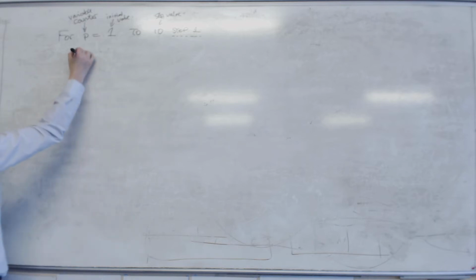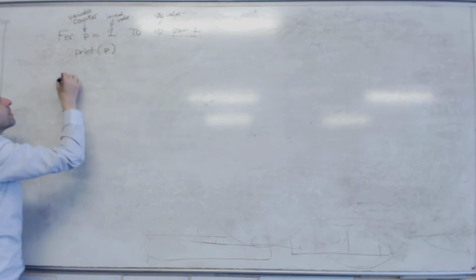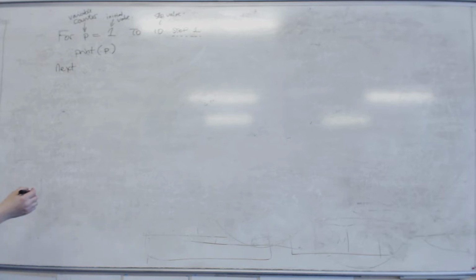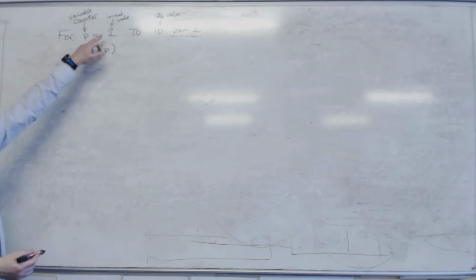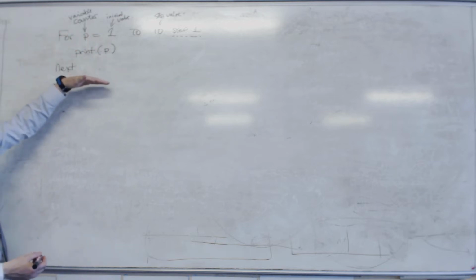You've then got your structure inside, so you have print. Now obviously I'm just using print as an example. And then we have next. Now what happens when the loop happens the first time? P is set to that initial value. Okay, and then we enter the loop.